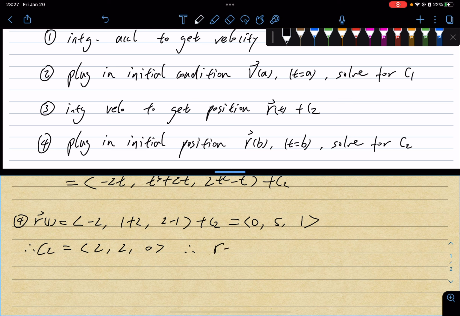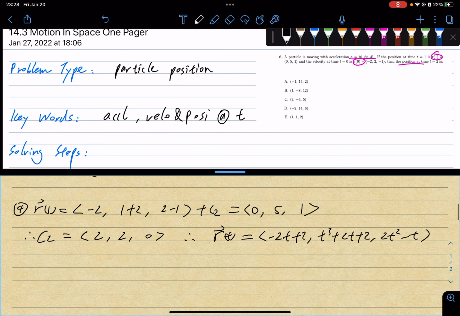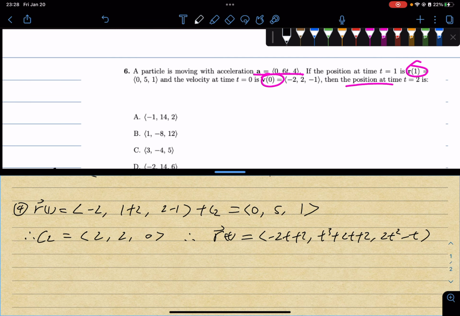Therefore, r of t equals negative 2t plus 2, and then for the y component, we have t cubed plus 2t plus 2, and then we have 2t squared minus t.